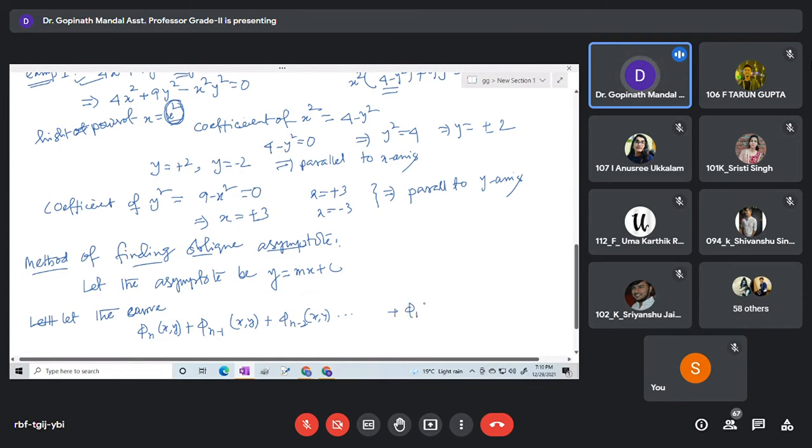The last term will be phi 1 xy plus a constant equal to 0, where phi n denotes the term of highest degree of the curve.